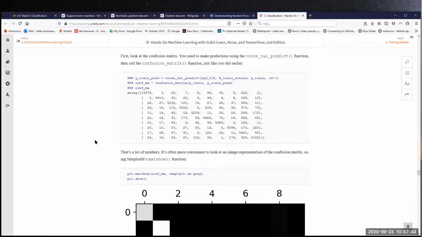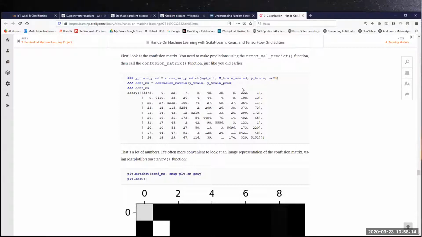So this is a really informative matrix. You see all the false and true negatives also there, and true positives, and so on.